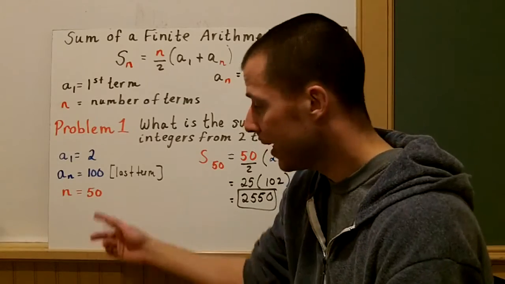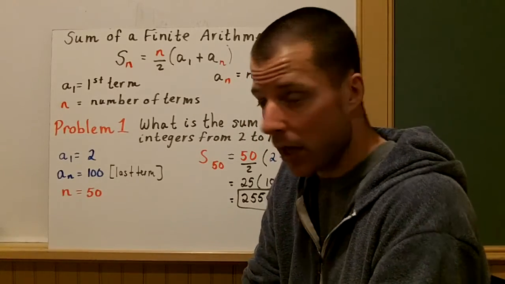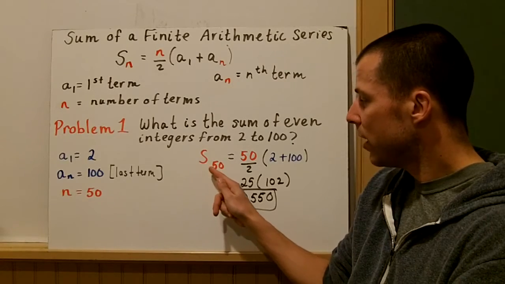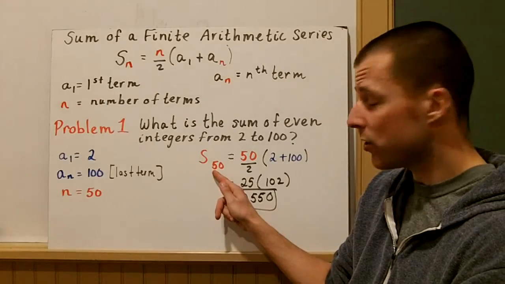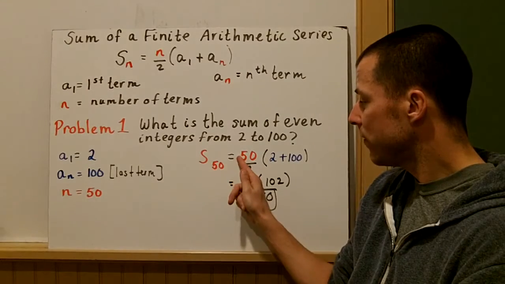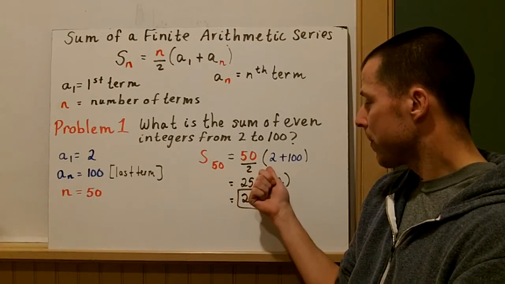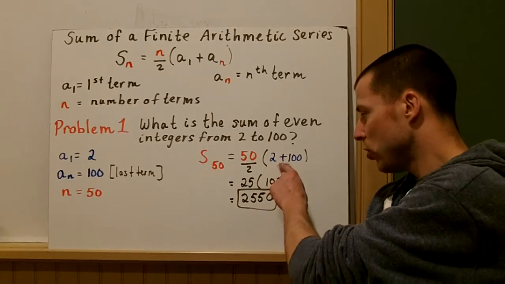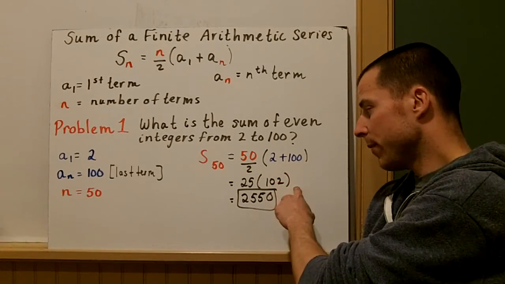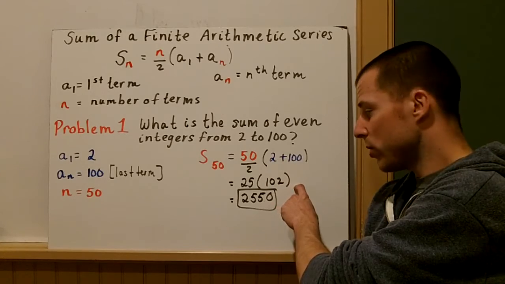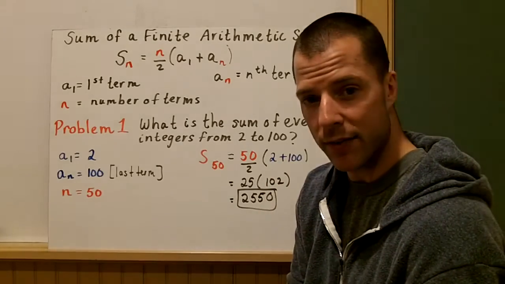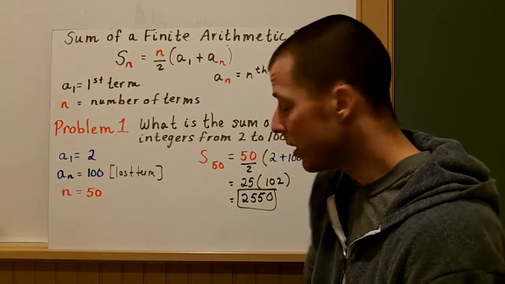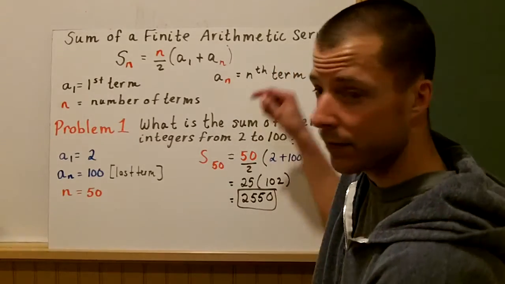The answer is 50. So we're looking for S sub 50. N is 50 divided by 2 times the quantity first term plus a sub n, 2 plus 100. Simplifying, we get 25 times 102, which is 2,550. So the sum of even integers from 2 to 100 is 2,550.